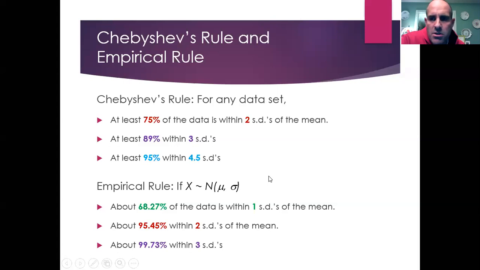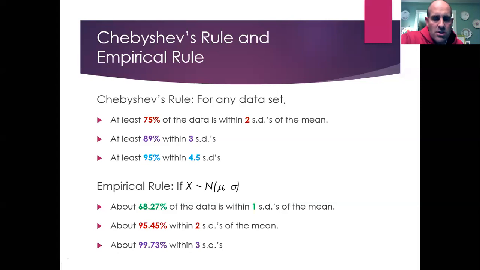Okay, so here's a couple of facts that I'm going to end with here. Something called Chebyshev's rule says no matter what distribution you're in, normal, whatever, standard deviations in some sense measure how spread out the data is. But it turns out there are some things that are just universally true.